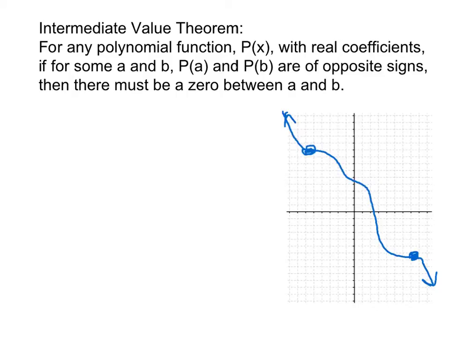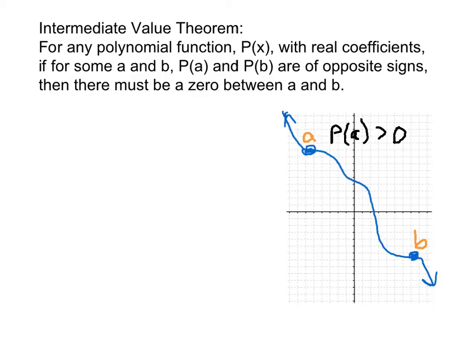On our last slide, we saw that we had one point, let's call it a, that was above the x-axis, and we had another point, let's say b, that was below the x-axis. So here we say we have some a and b, and when we plug them in, keep in mind what's making point A above the x-axis: when you plug in a, p of a was greater than 0.